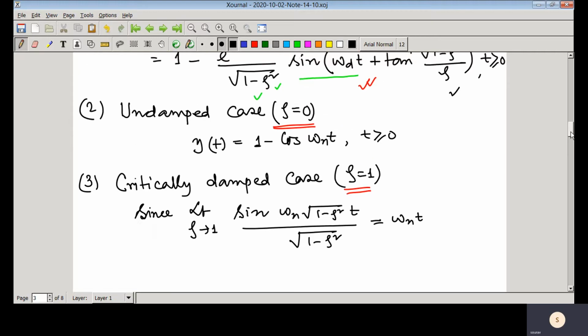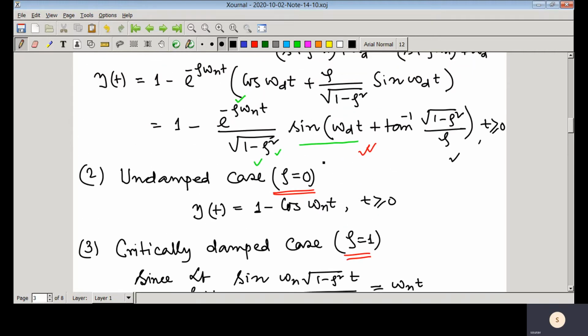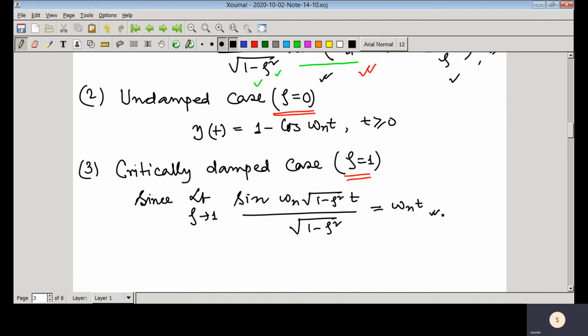Then if you simplify the expression using this result, you will get y(t) equal to 1 minus e to the power minus omega n t into 1 plus omega n t.